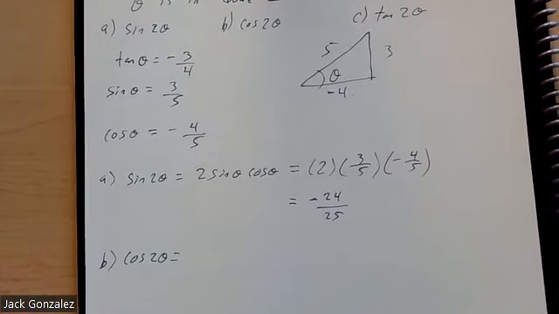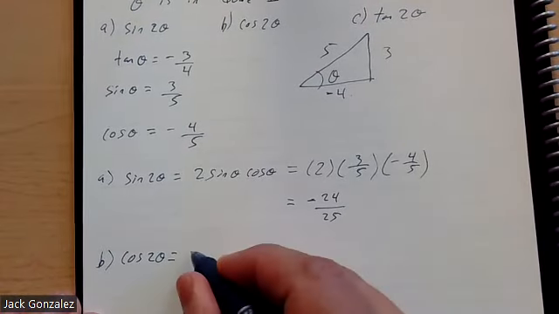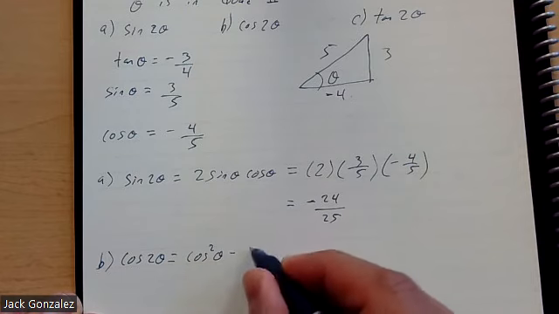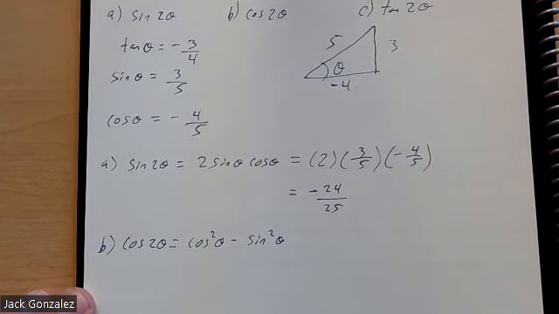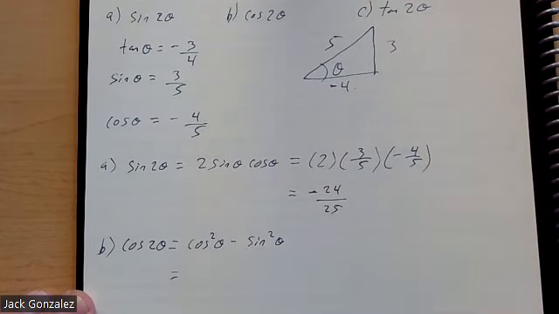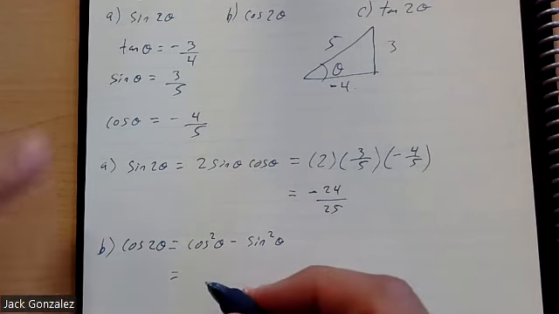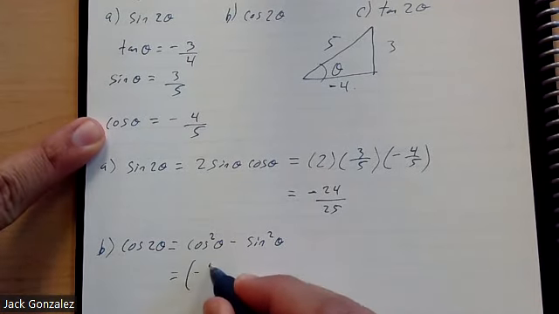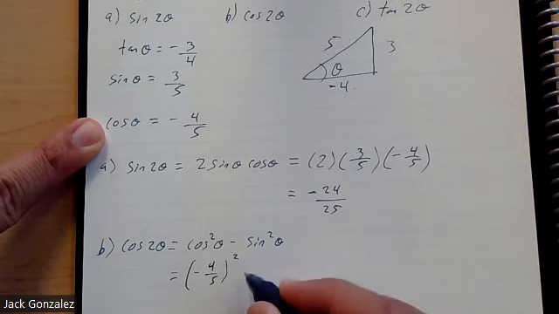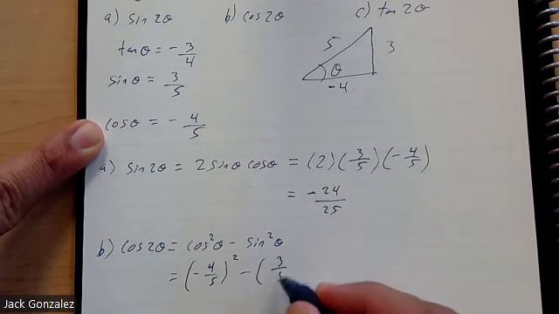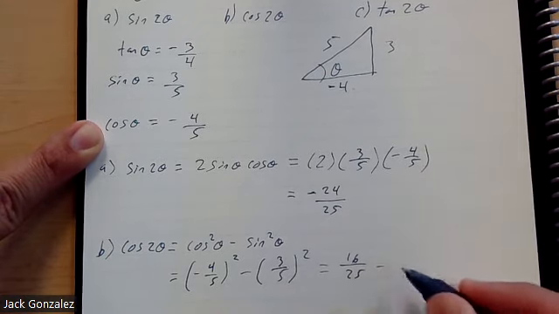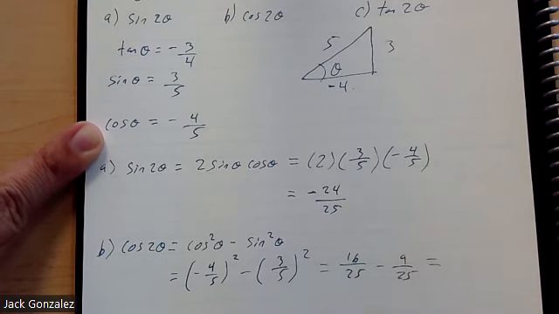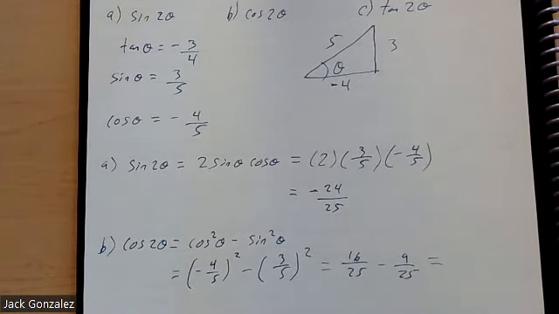So for the double angle for cosine, you can use any of those three. I'm choosing just to use the first one for no reason. Doesn't matter. Plug that in, you'll get cosine squared minus sine squared, which is 16/25 minus 9/25, right? 16 minus 9, is that 7, right?